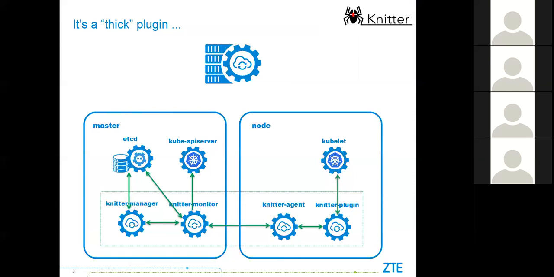It then asks the Netter Manager to allocate an IP address to the pod. The two components are deployed on master, and the other two components, Netter Agent and Netter Plugin, are on the node.